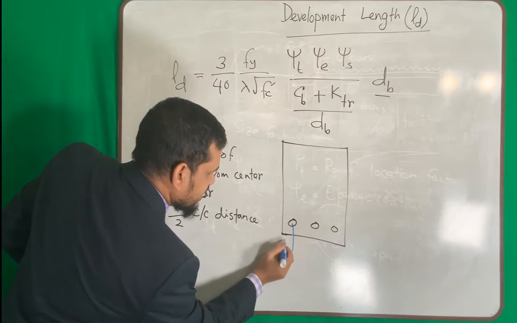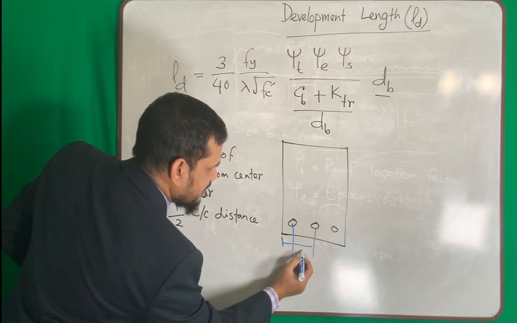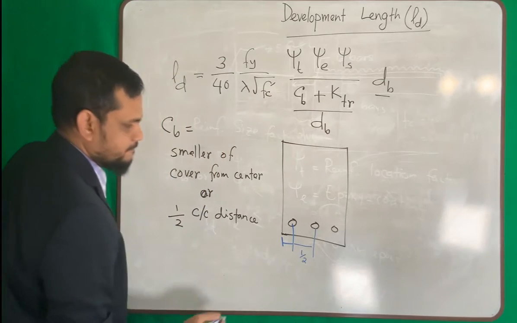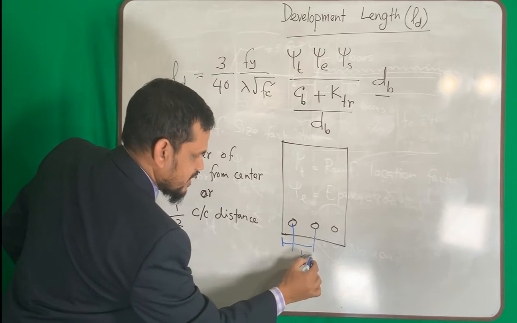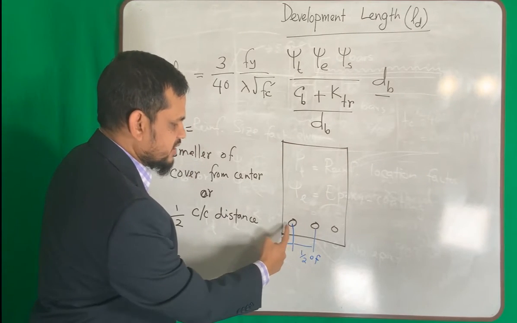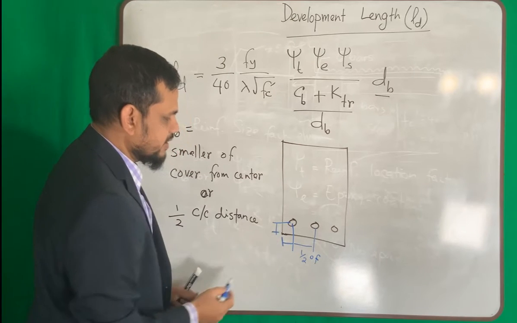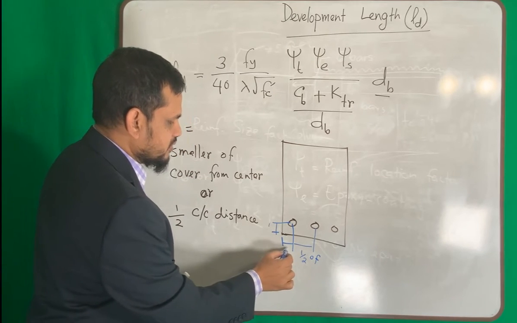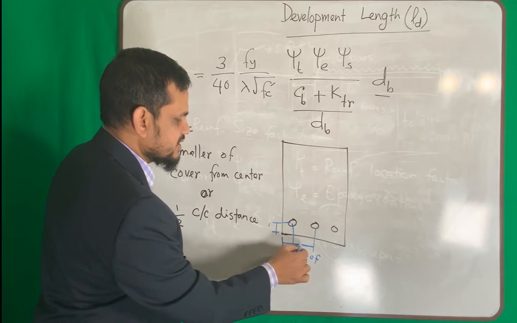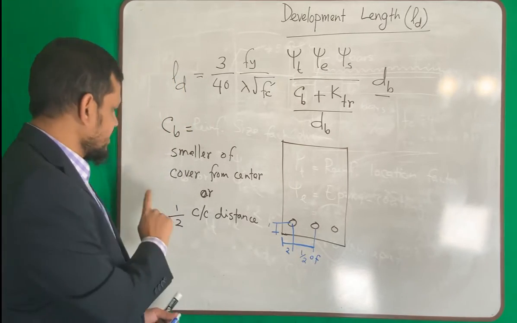Simply it is either this or half of this. That means whatever is smaller, from the center to the edge, or half of the center-to-center distance of the bars. Whatever is smaller, that is your c_b.